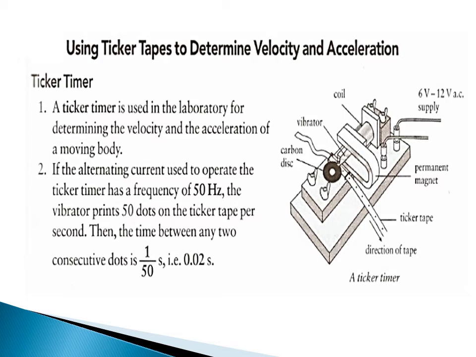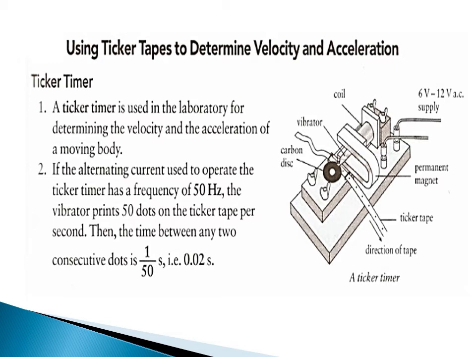Okay, so when you count the dots on the tape, 50 dots shows that the trolley or the body has been moving for about 1 second.